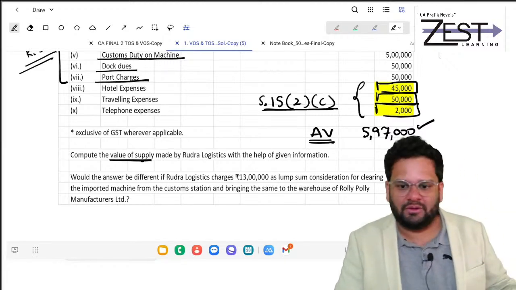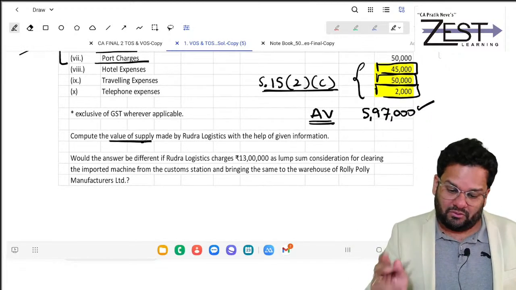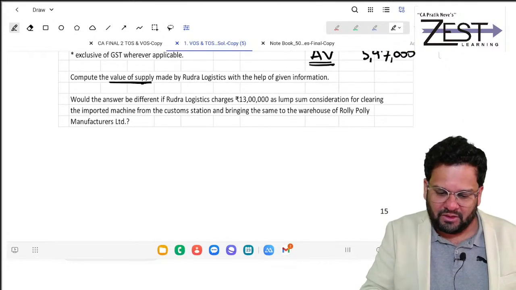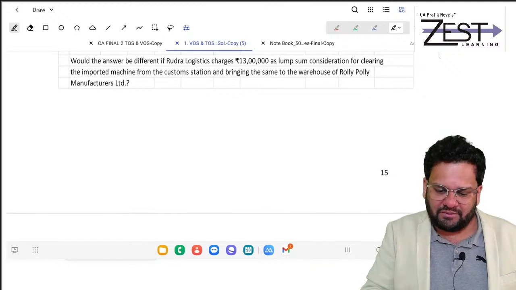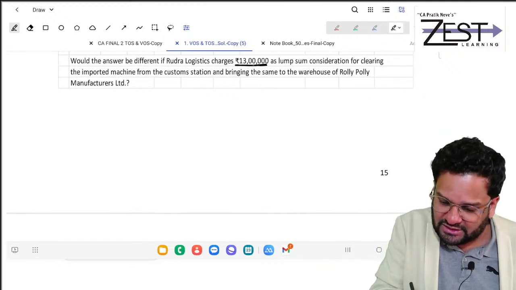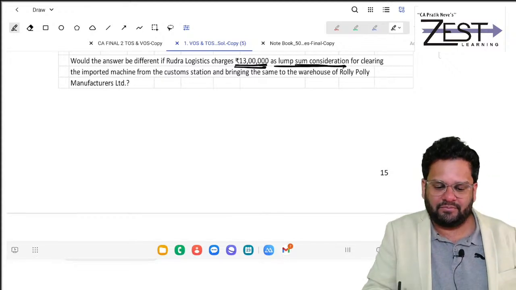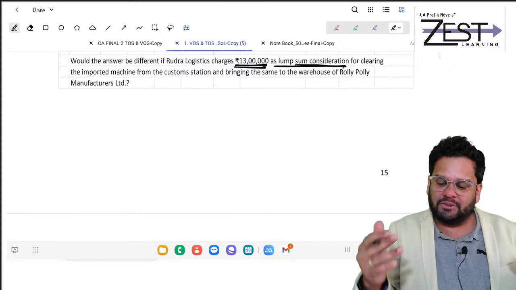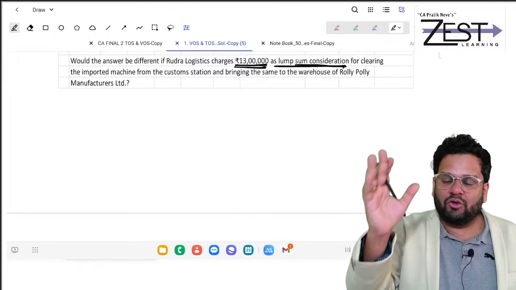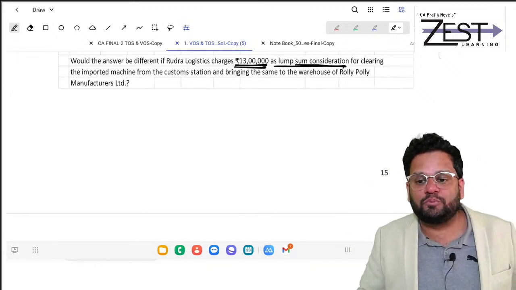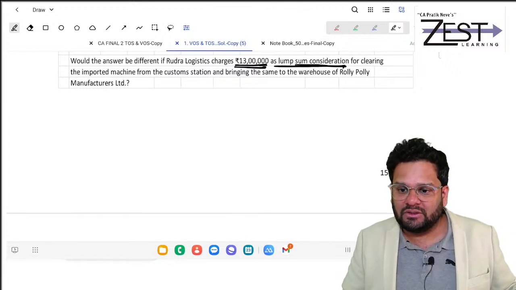Wonderful, wonderful. Now, would your answer be different? I want Ashima you to answer this. Would your answer be different if Rudra Logistics charges 13 lakhs as lump sum consideration for clearing the imported machine? A single invoice is given directly charging rupees, how much?